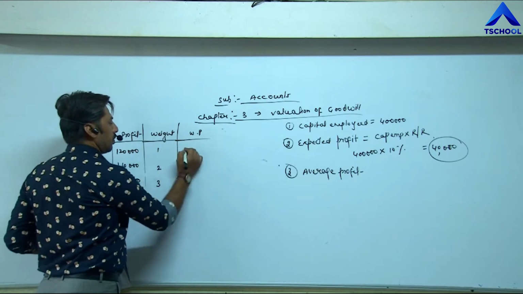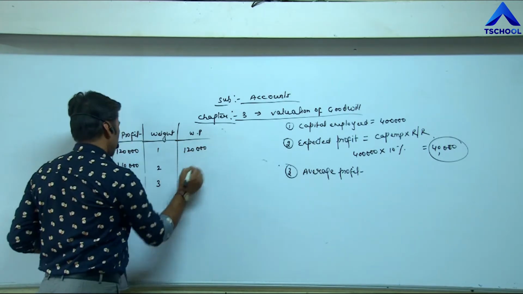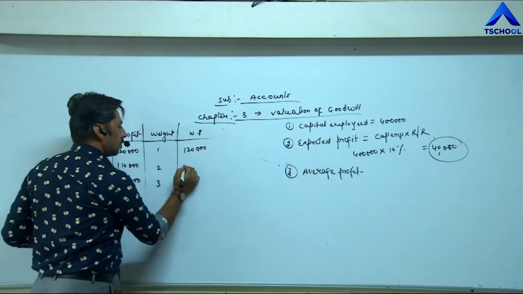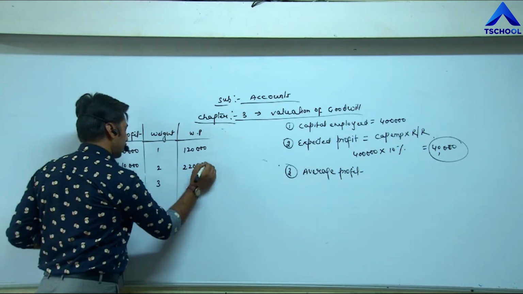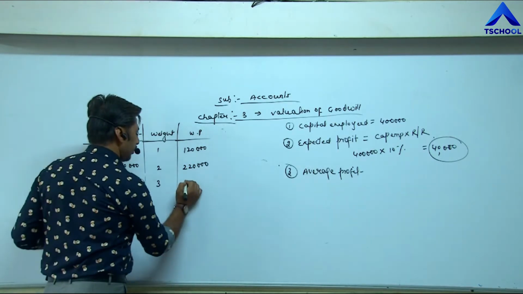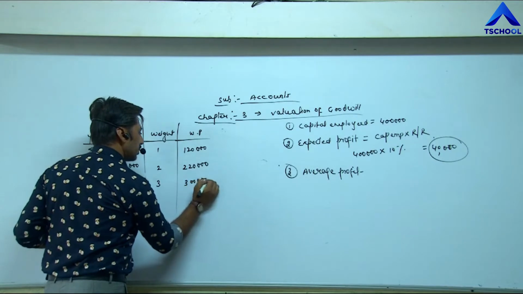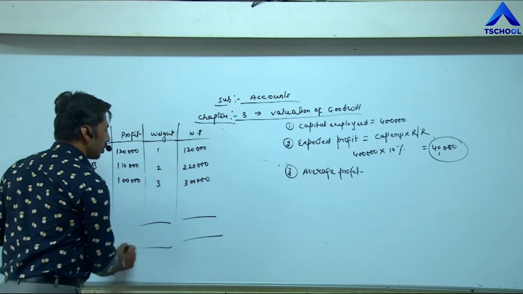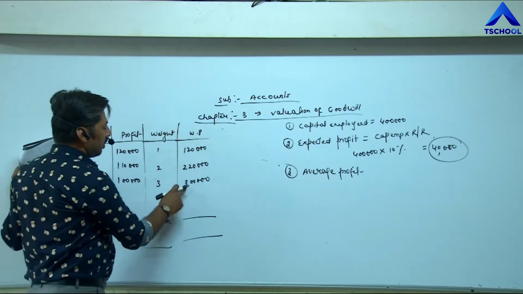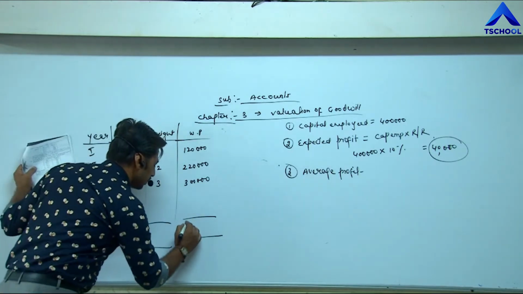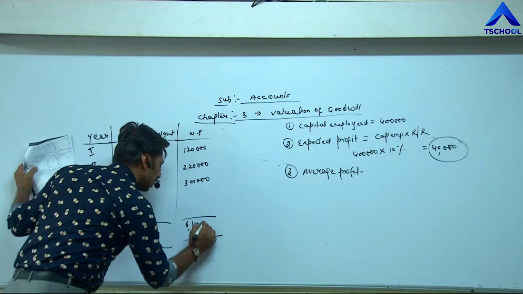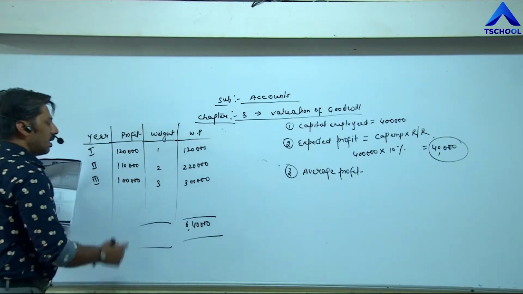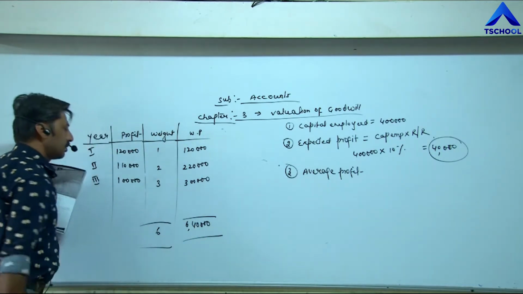1,20,000 into 1, 1,20,000. 1,10,000 into 2, 2,20,000. 1 lakh into 3, 3 lakh rupees. Total of weighted profit and total of weight we have to find out: 3, 5, 6, 6 lakh 40,000, and total weight is 6.